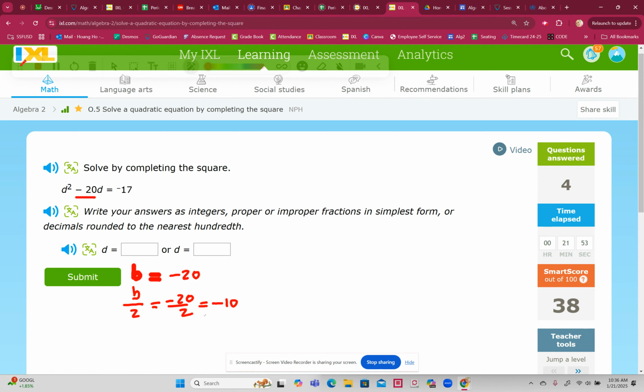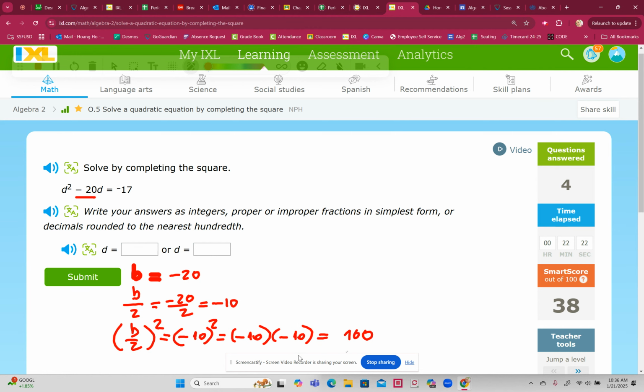That's it, Brian Chan. Now, you want to find B over 2 and then square. Negative 10, when you square, is how much, Brian Chan? Negative 10 square, it means negative 10 times negative 10. Can you multiply for us? 10 times 10, Brian Chan. 100.